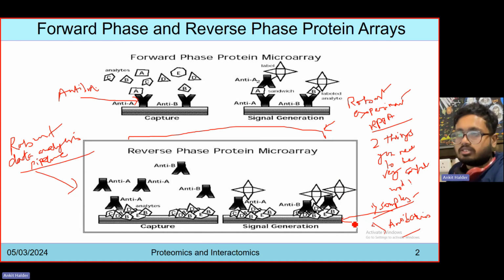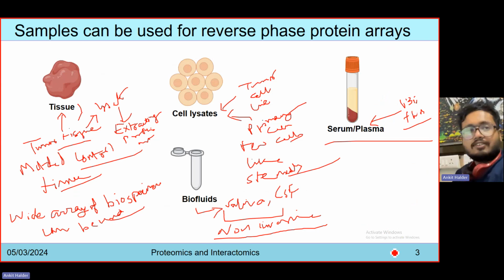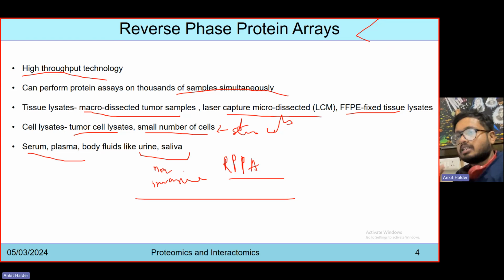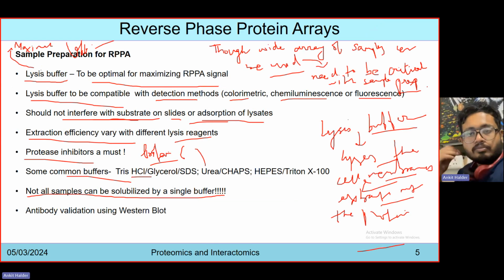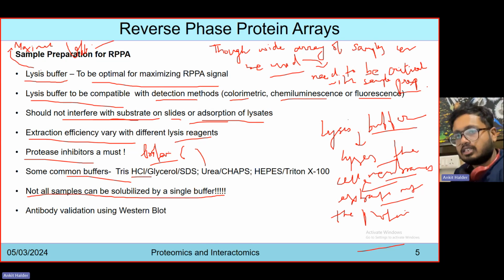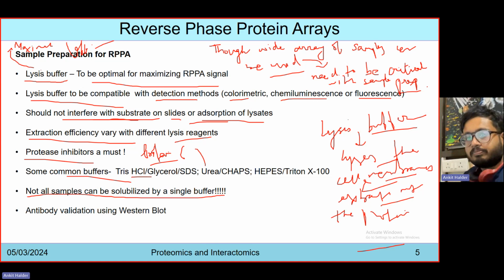Second thing is the antibodies. For samples, we have seen that they can be a wide range of biospecimens, but the major importance should be given to sample preparation. And for that, different lysis methods and different lysis conditions need to be optimized according to the sample preparation, sample condition, and the experimental demands.